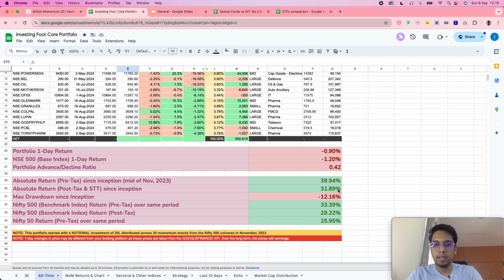This can obviously change anytime, but this makes you understand how much you need to outperform in order to beat the index in post-tax terms.